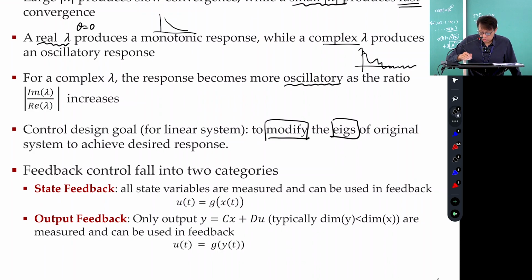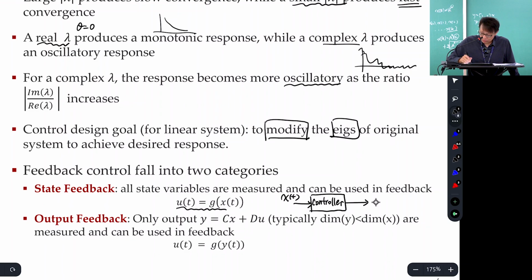By feedback, I'm not sure how you understand feedback. State feedback is a law, a controller. If you like to see a diagram, that's your controller. You can draw, say, a controller. What is the controller doing?